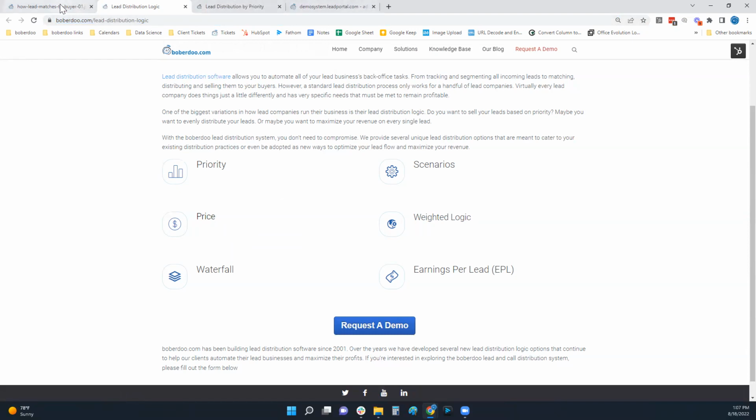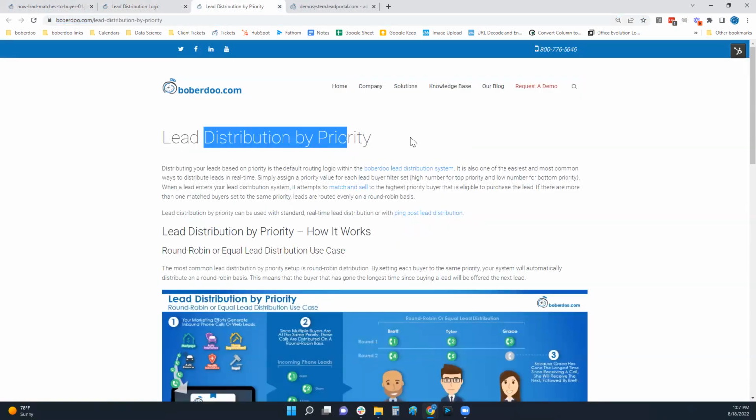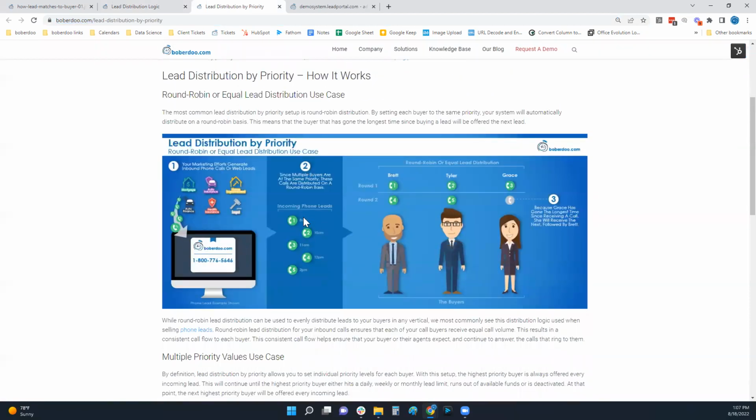When there are multiple matches and you are on a priority distribution, we are looking at the priority setting in the individual filter set to determine the matching partner. It goes by priority, meaning that the higher the priority, the more they are prioritized.